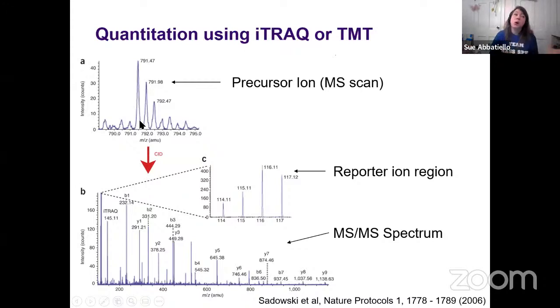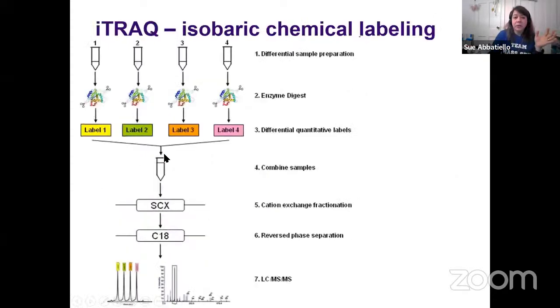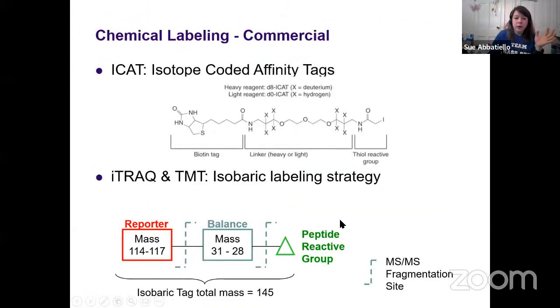So in this case, you want all of the different samples with that same peptide to be isolated simultaneously. They have these tags that have the same total mass value. They've got the reporter ions, which differentiate by mass to charge. And then you have the balance, which helps you to total up for each reactive reagent the same total, so that they will elute in the same place and have the same mass to charge.